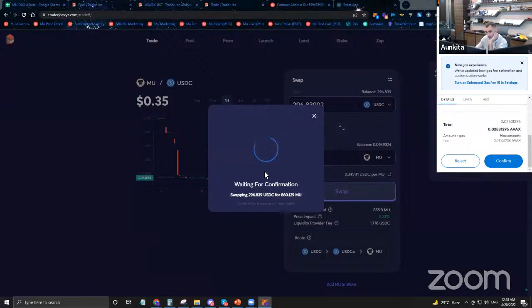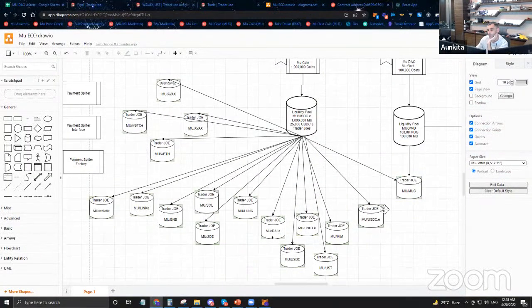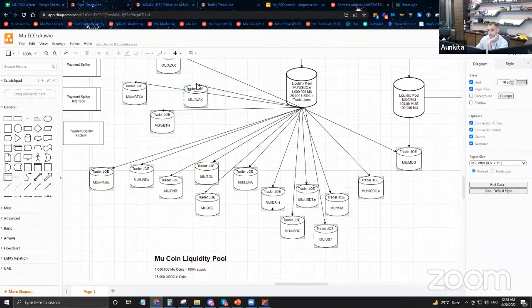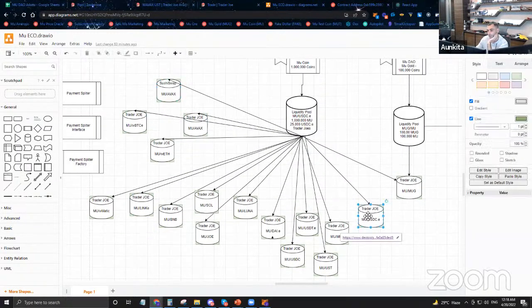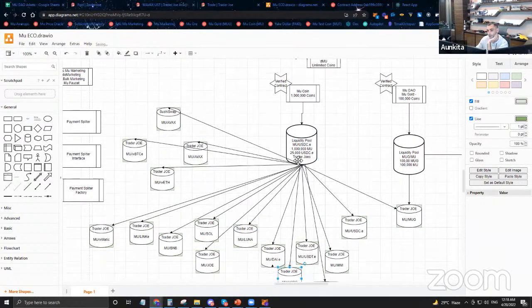Now, what are we doing? Whenever we go in and do this, we're essentially putting money back into this ecosystem over here. Well, we don't really know, we could go any route. We're putting money back into this ecosystem.